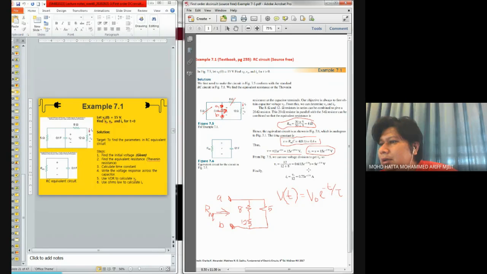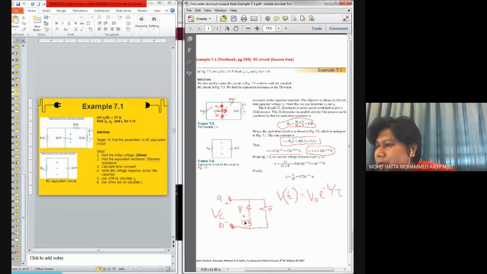Later on, we try to find the value of Vx using the voltage divider rule. Remember that if I put this one from A to B, it is Vc, which we calculated earlier. What we're trying to do is find the voltage here.